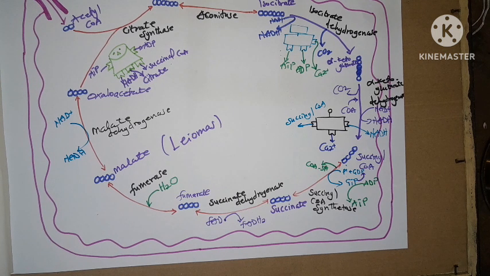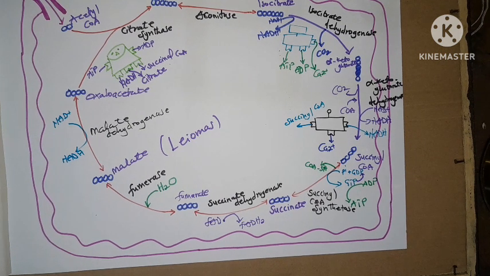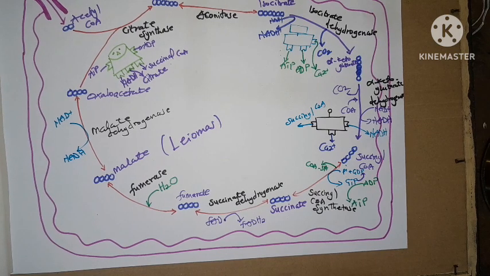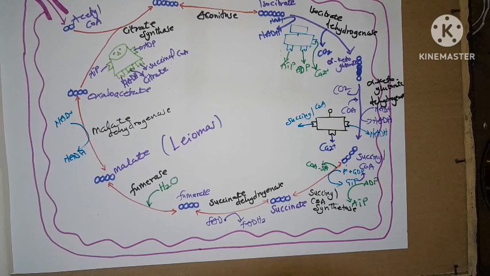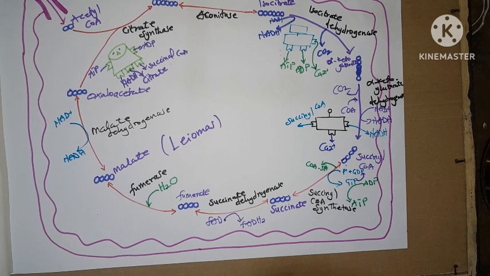So in this Krebs cycle, we generated 4 carbon dioxide, 6 NADH, 2 FADH2, and 2 ATPs. These are the main products of this cycle.